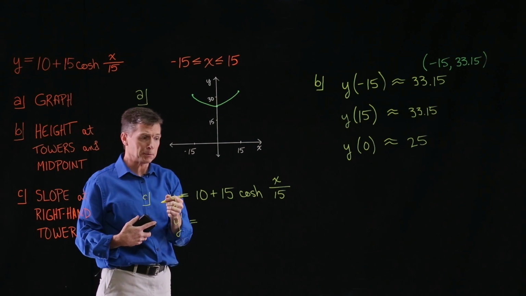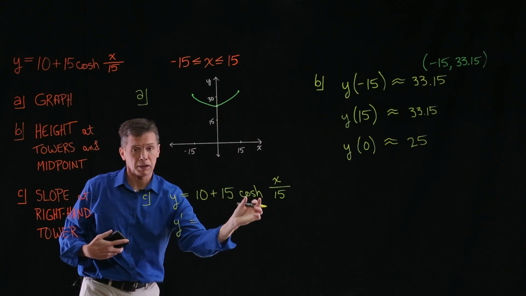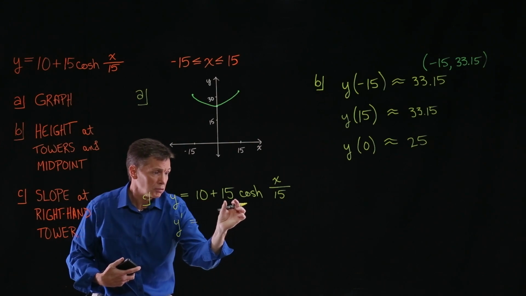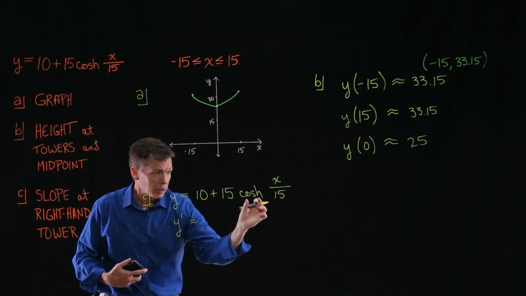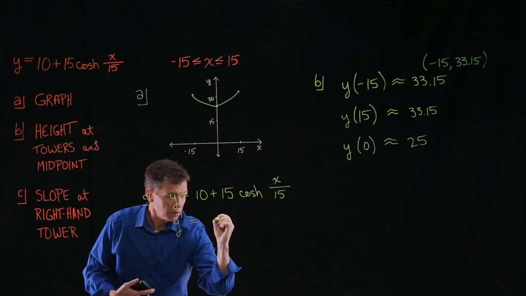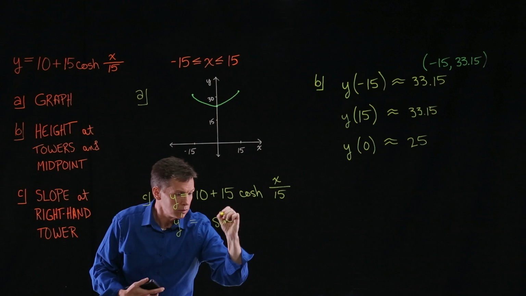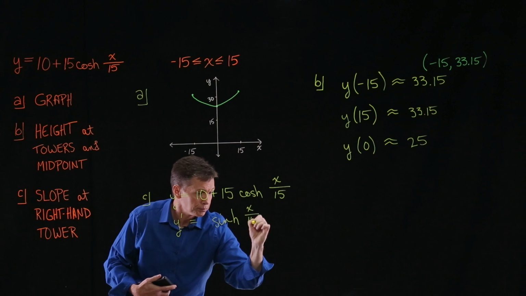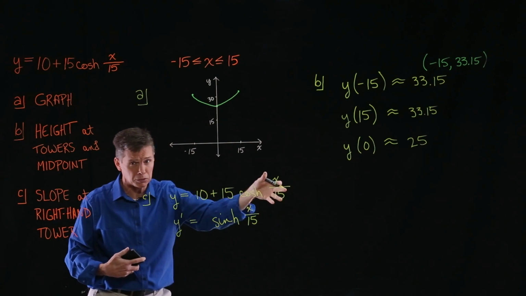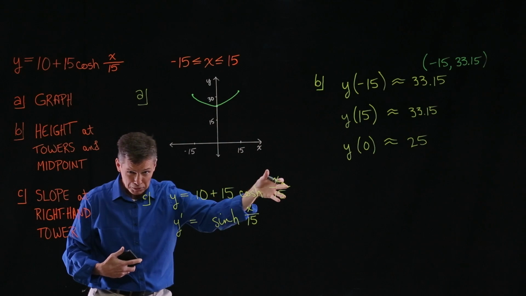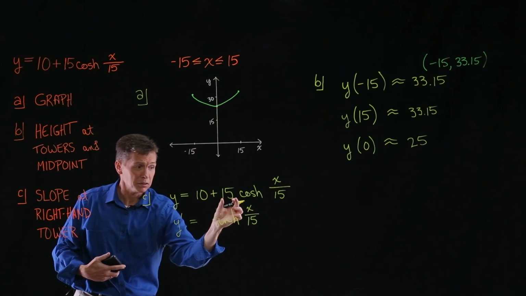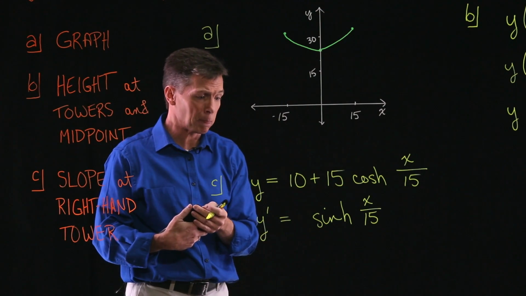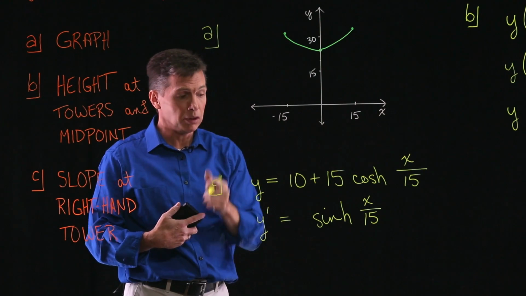Part of the new material for sure. We're going to have to differentiate something that involves this hyperbolic cosine. Okay, well, if I differentiate, that of course goes to 0. This coefficient of 15 would still be there. But when I differentiate the hyperbolic cosine, that's the hyperbolic sine of the same argument, x over 15. But then I would multiply by the derivative of x over 15, which is 1 over 15, which is actually conveniently going to cross out this 15. They'll divide out. Okay? So that's actually my derivative, hyperbolic sine of x over 15. That's good. That's my derivative.